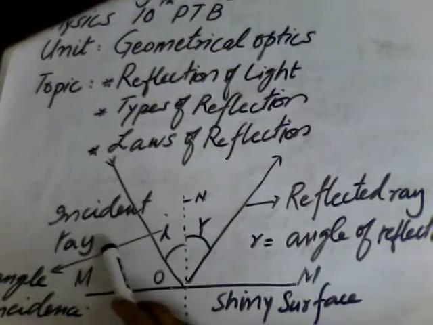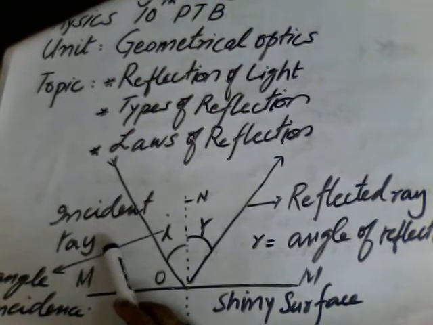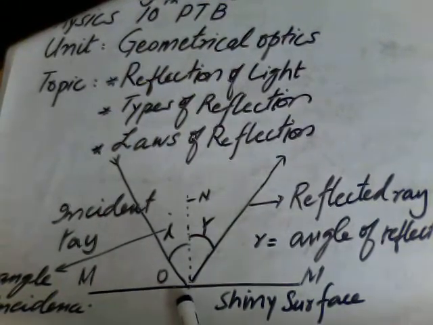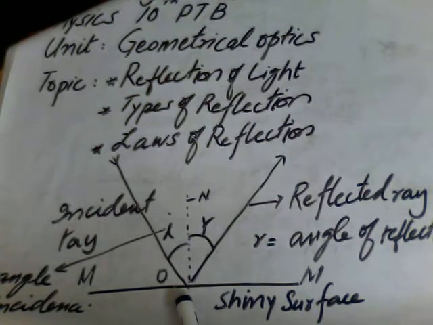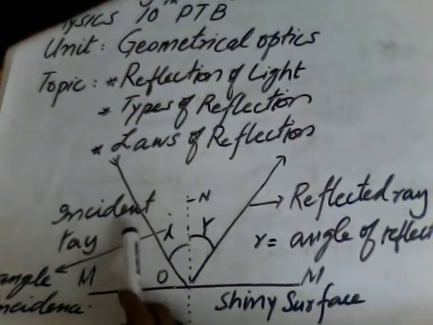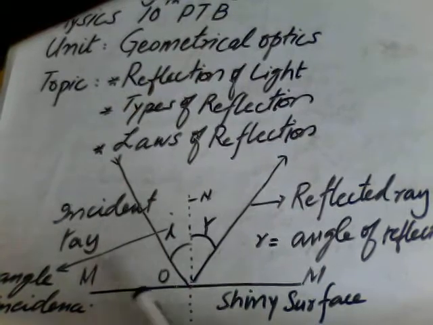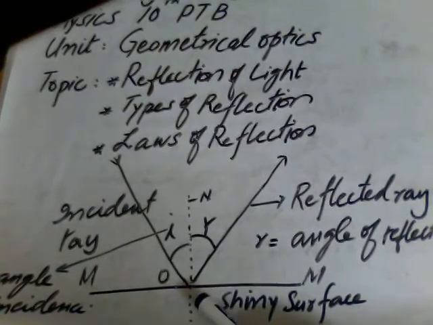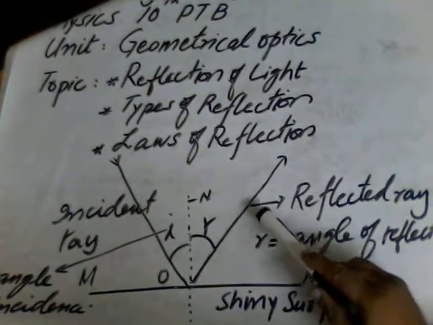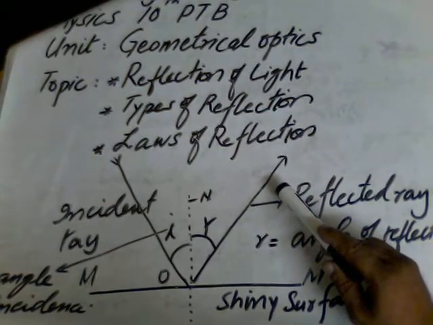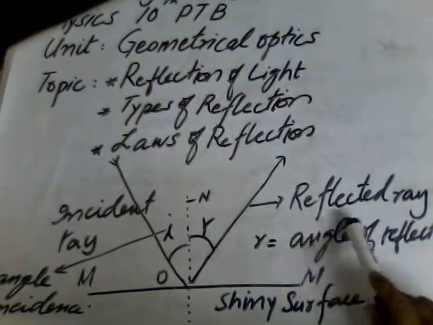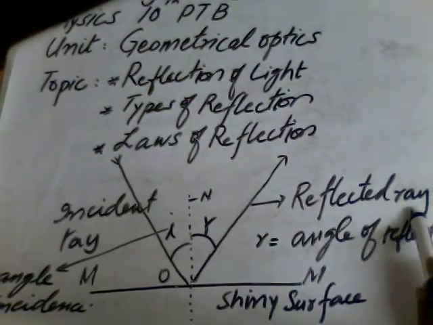The light ray which comes and strikes the shiny surface MM, we call it the incident ray. And the light ray which is reflected back in the same medium is called the reflected ray.